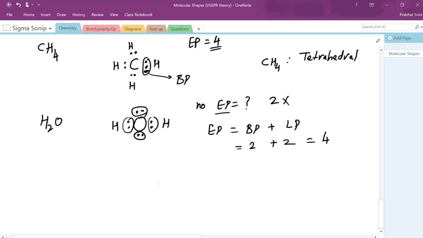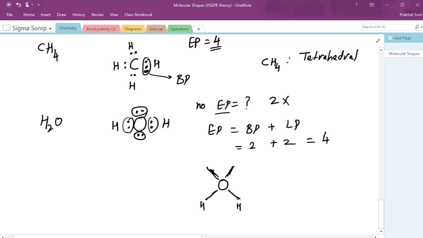So what we will have in the case of water is that you got O here, you got 1 bonded pair here, 1 here, and then 2 other electron pairs here. These are lone pairs, and these are bonded pairs.